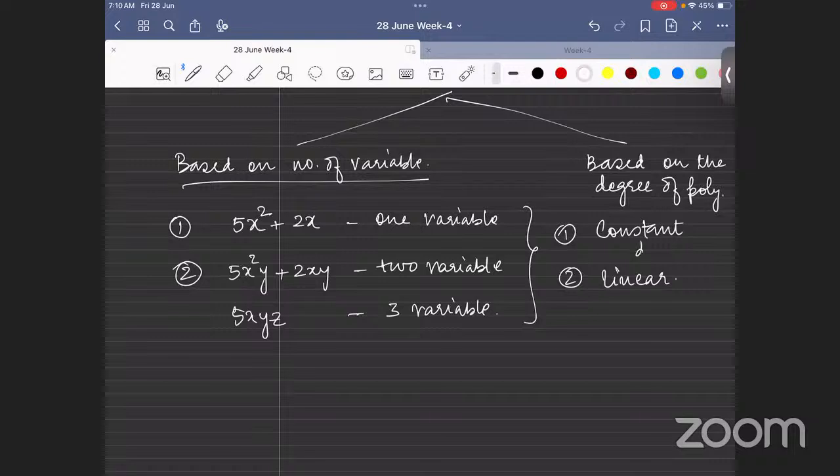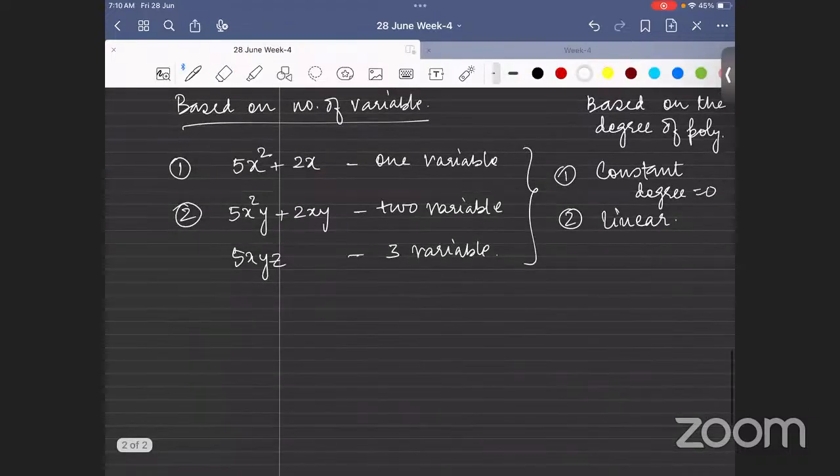For a constant polynomial the degree will be 0: any constant function, for example y equals k, so the function is just k. That's basically a constant polynomial. Linear polynomial, you would have read about the straight line, so 2x plus 4. You just have the degree of x as 1, so here the degree is 1.